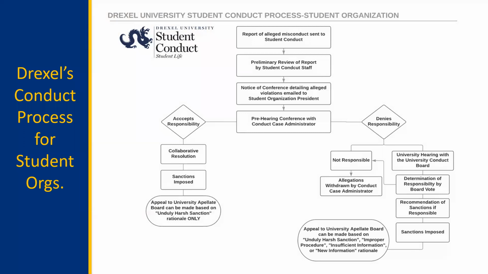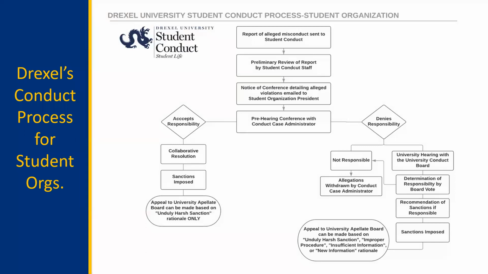If the organization denies responsibility and there is not enough information to move forward to a hearing, then the organization will not be responsible and the allegations will be withdrawn. If the organization denies responsibility and there's enough information to move forward to a hearing, then the organization will be referred to a university hearing with a board made up of students, faculty, and professional staff who are trained to conduct such hearings.